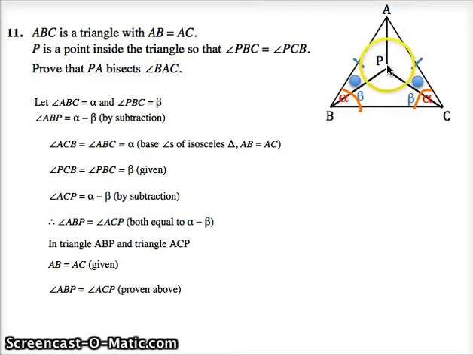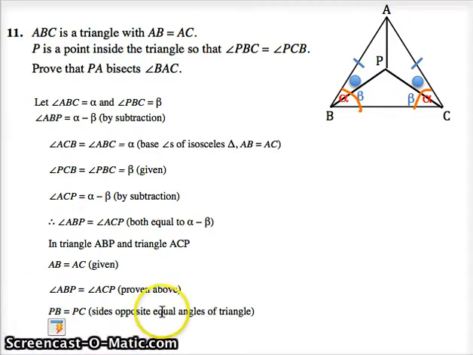Now, because we know that angle PBC equals angle PCB, this triangle here, triangle PBC, is isosceles. Therefore, side PB equals side PC. So we can write that down. So PB equals PC, and the reason is that they are sides opposite equal angles of isosceles triangle PBC, and that's enough there.